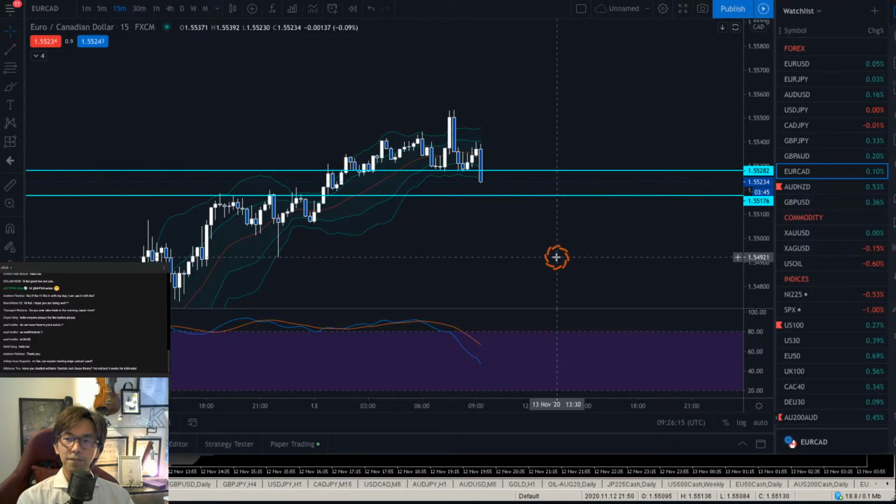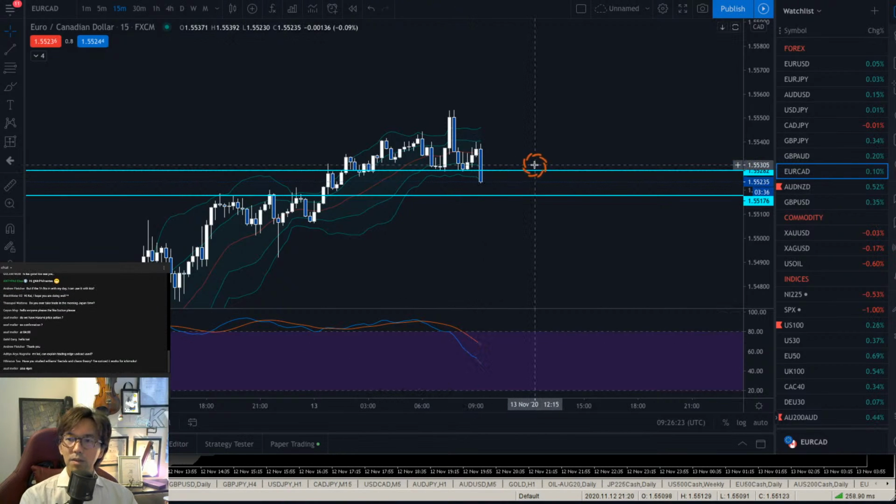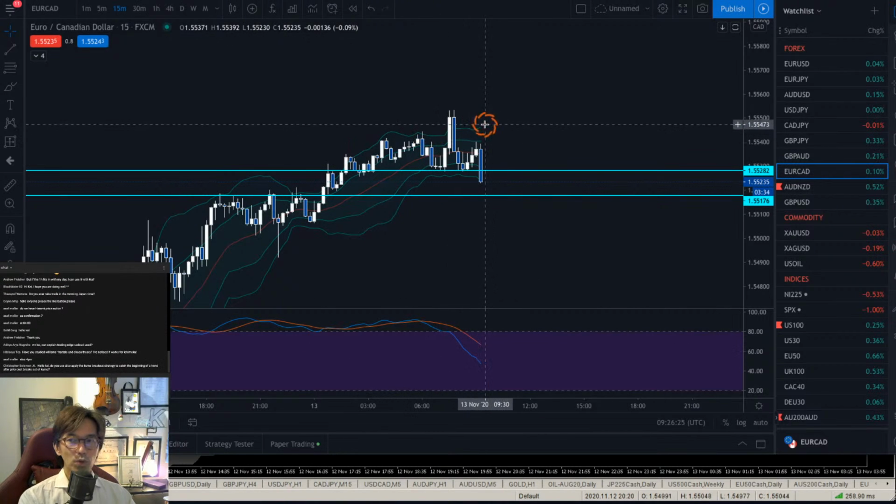Based on this 15 minute time frame, I don't see the bullish trend right now. The stochastics is going down. Bollinger Band is not really squeezing enough, it is more expanding right now, so I won't take the Bollinger Bands for a buy chance either. And now the price is going down.